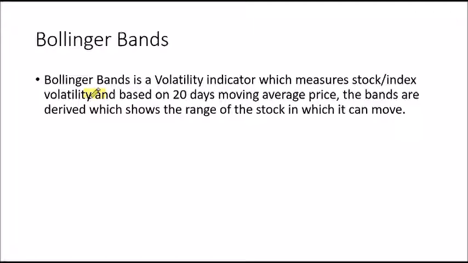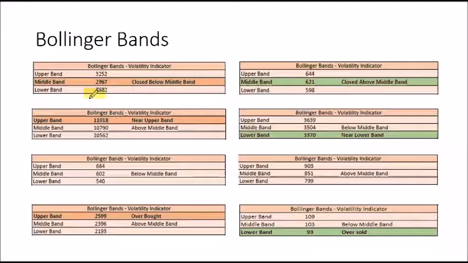How? We'll have a look at some snapshots. On my left hand side, all these orange bands are the negative indications. Negative indications means the stock has closed below the 20 days moving average, the middle line basically.